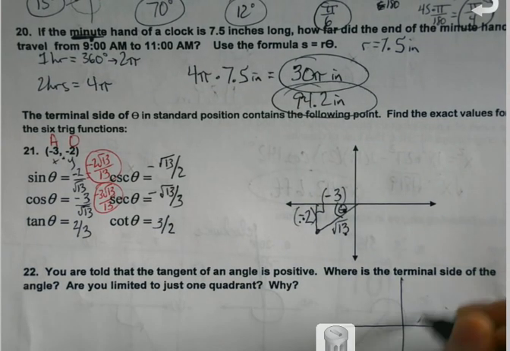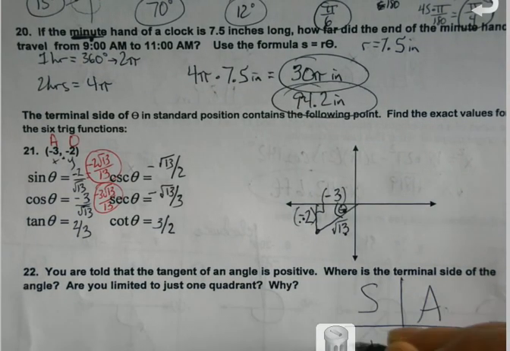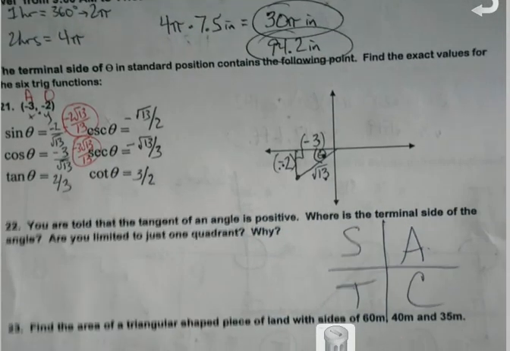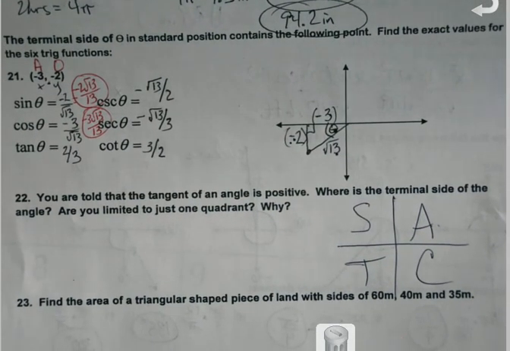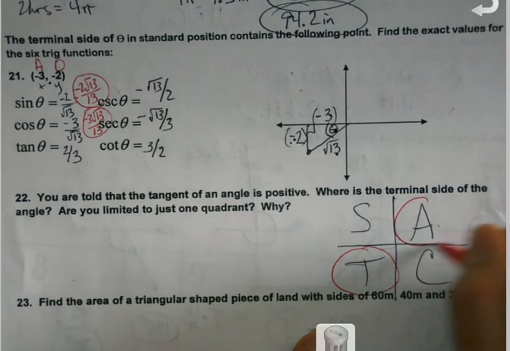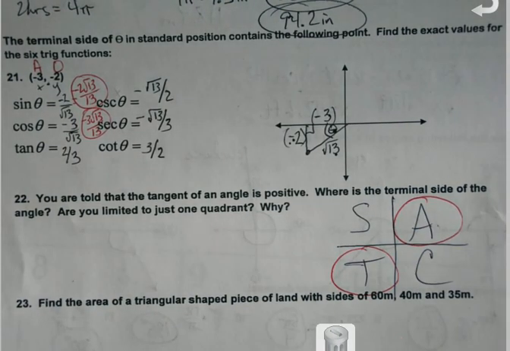And we talked a little bit about where each of my functions are positive. All right, so we're told the tangent is positive. Where's the terminal side? Tangent is positive.